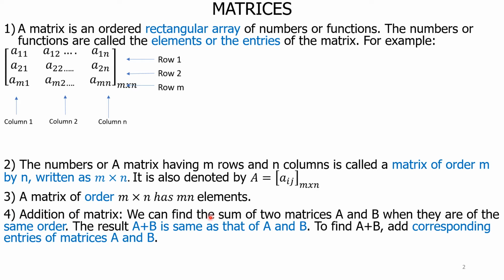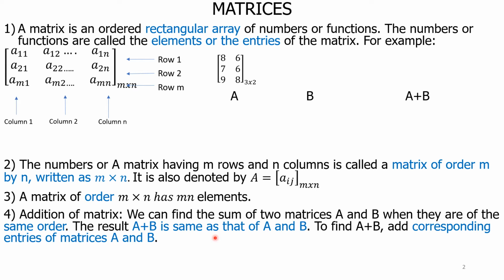We can find the sum of two matrices A and B when they are of the same order. You know, order is given as m into n. So addition of matrices A and B can be done when A is of m by n and B is also of m by n. Then only addition is possible.